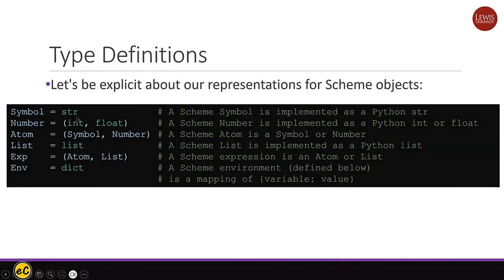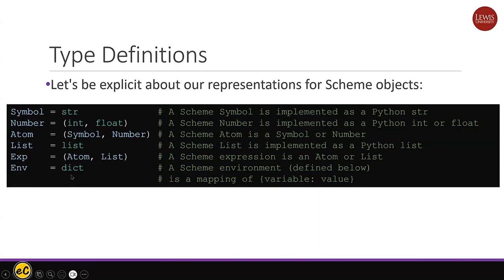So there is a symbol of string, and a number that can be integer or float, an atom that may be symbol or number, and list can be list, and then expression can be atom or list, putting into this format.